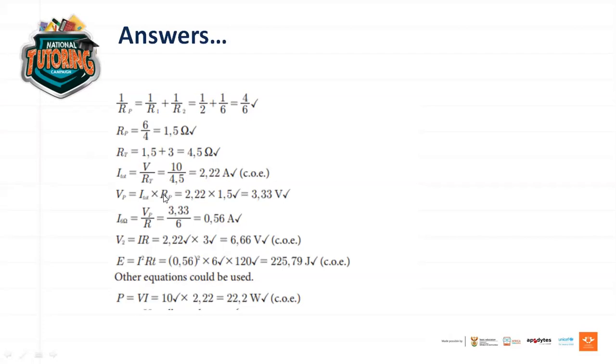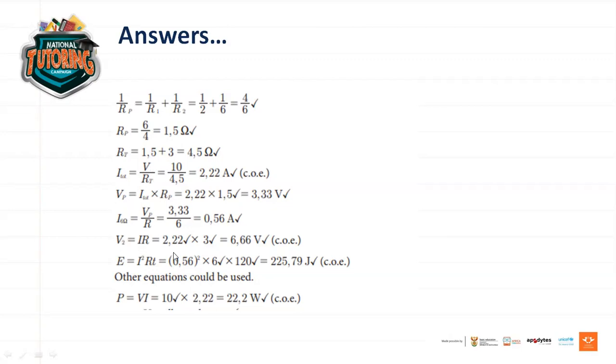You're going to say I total times R parallel. That is 2.22 times 1.5, and that's going to be 3.33 volts. Okay, so now you found your total current and your total voltage of the whole circuit, using Ohm's law.